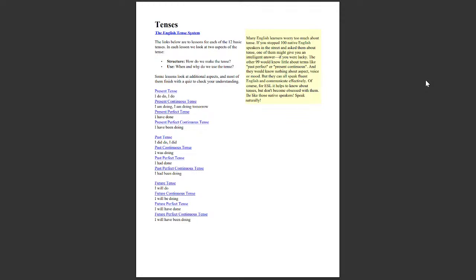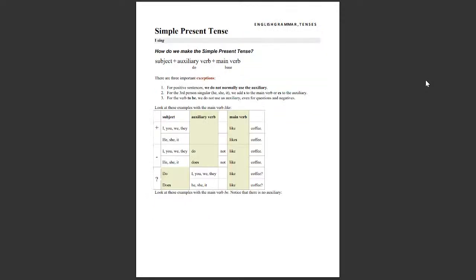And future perfect continuous tense is I will have been doing. So these are the variations for the present tense, past tense and the future tense.